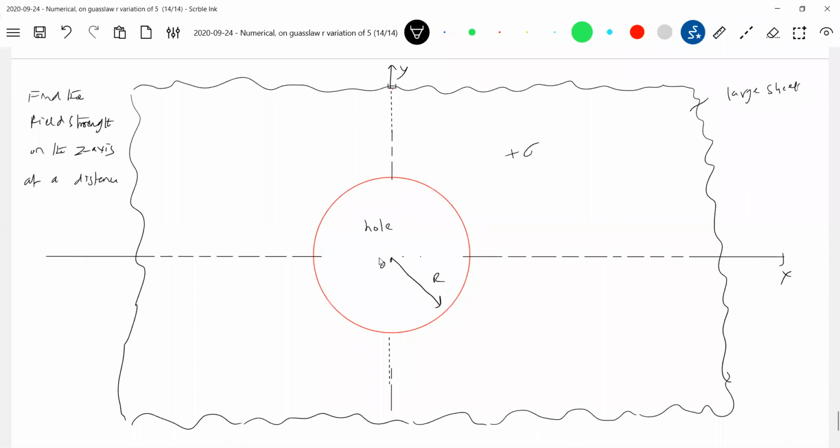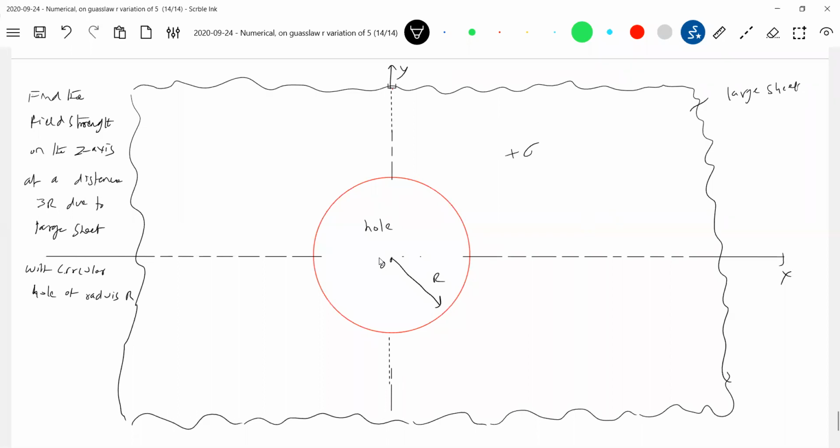Okay, let's do one thing. This will be 3r, due to a large sheet with a circular hole of radius r.